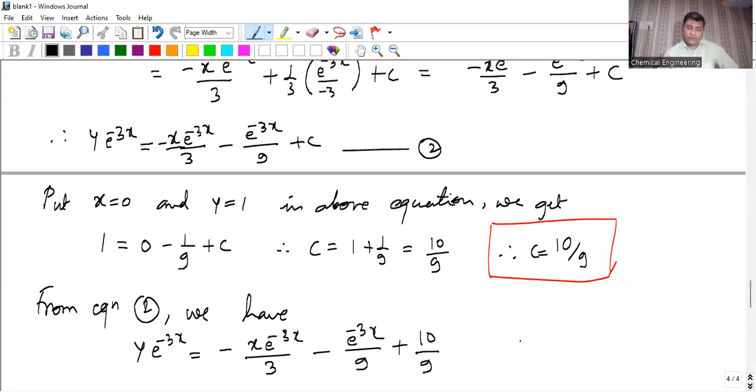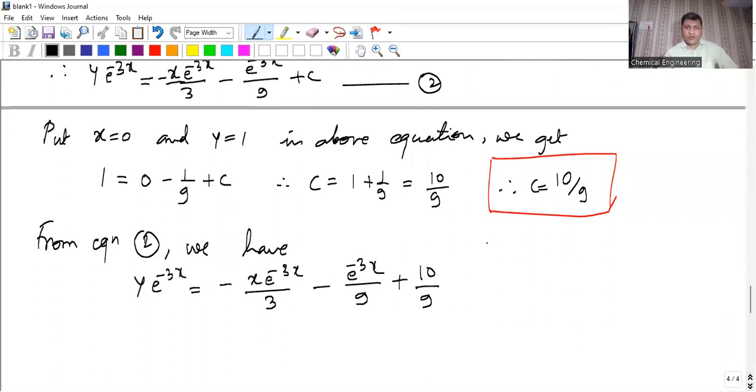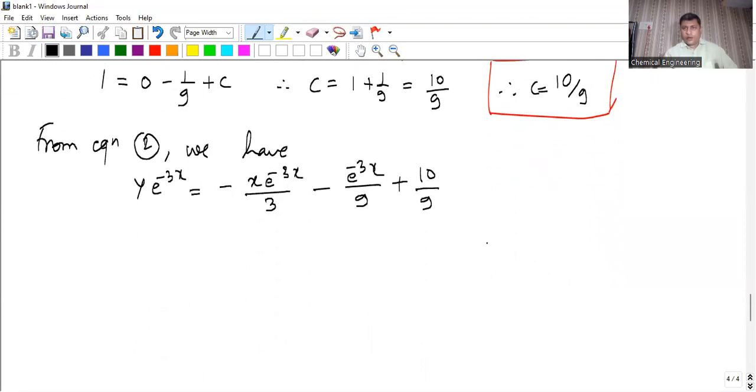Is that okay? Because we can put the value of c, no? Are you getting this equation?